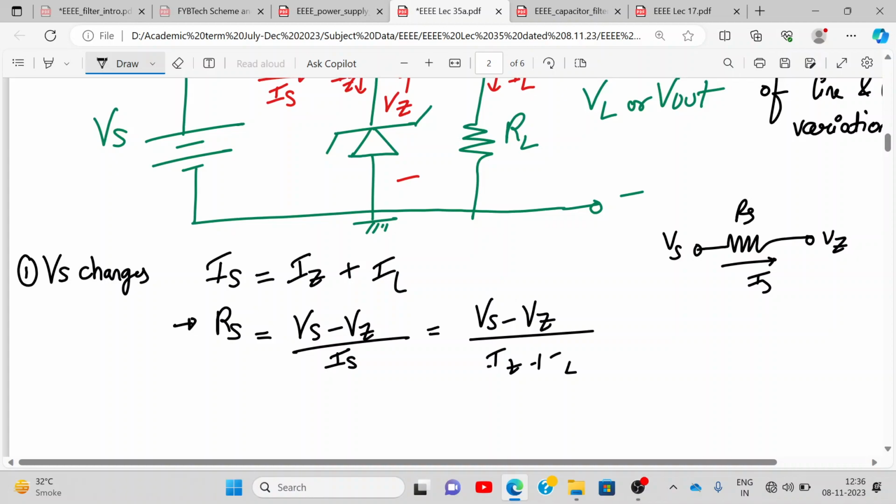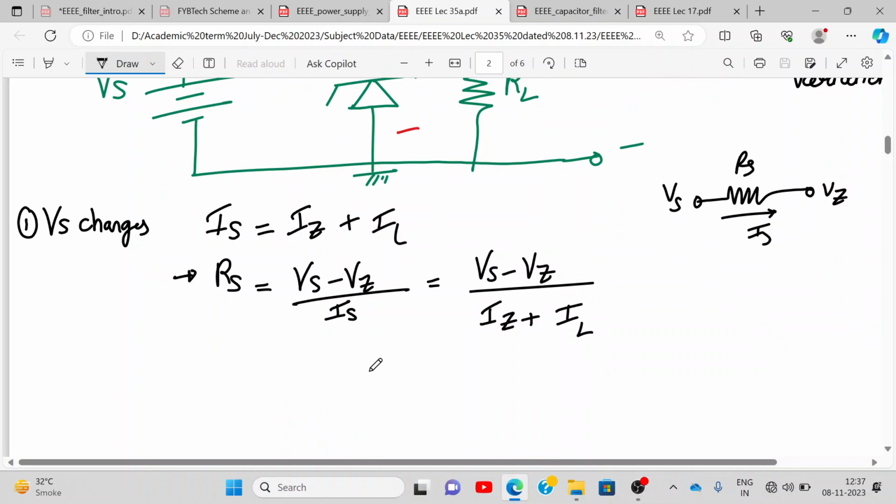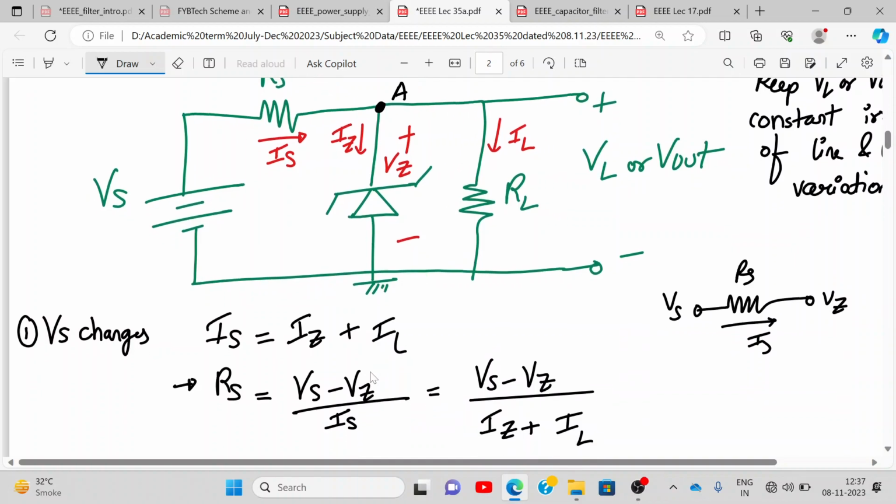So IS is IZ plus IL. If I calculate the value of IZ plus IL, how much is that? Vs minus Vz.